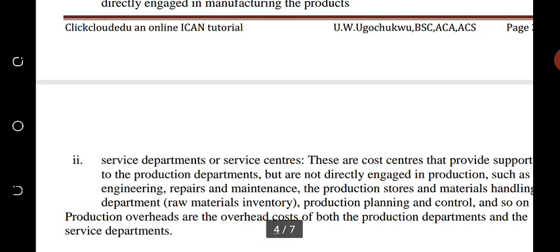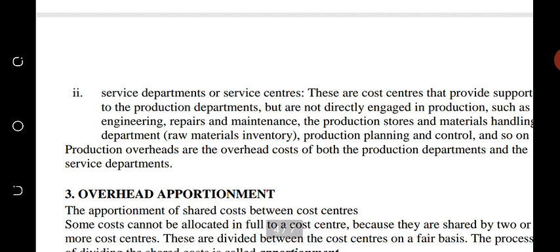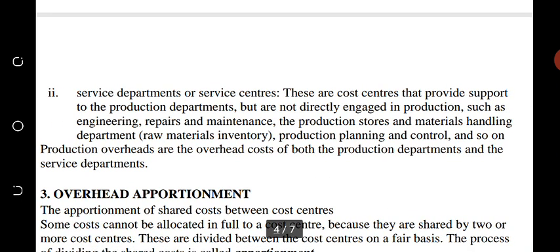While the service departments or service centers are cost centers that provide support to the production department but are not directly engaged in production, such as engineering, repairs and maintenance, the production stores and materials handling department, the raw materials inventory, production planning and control, and so on.